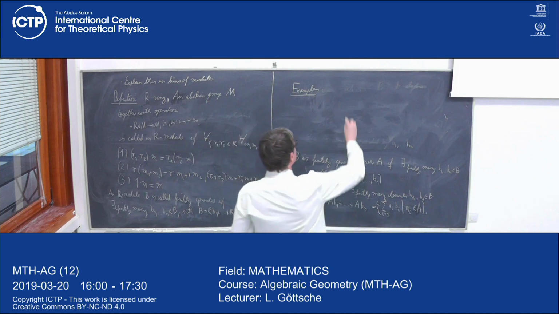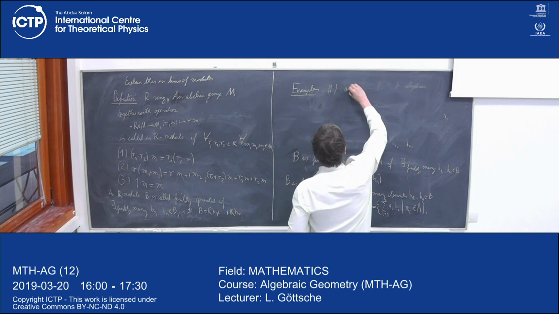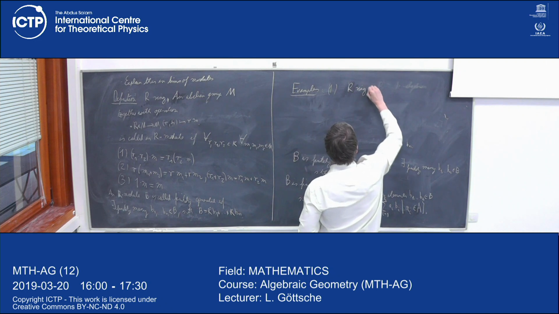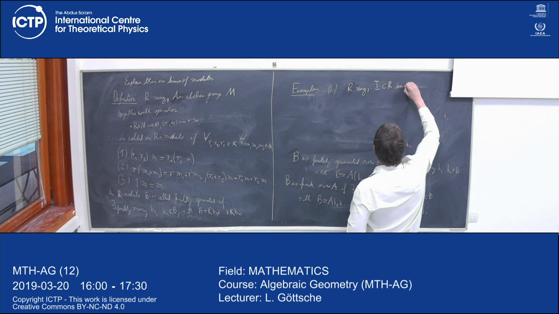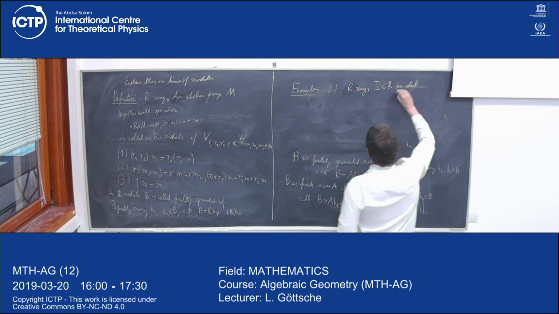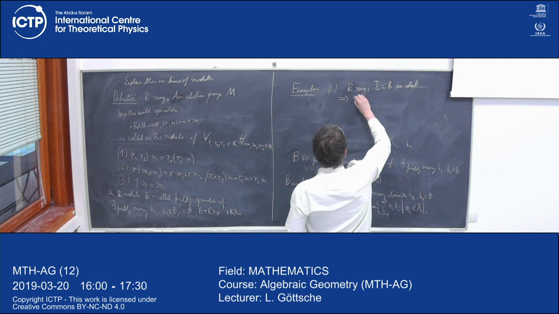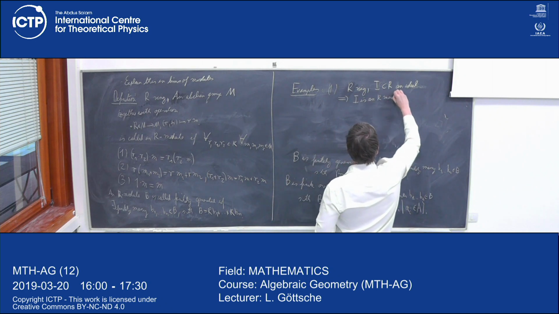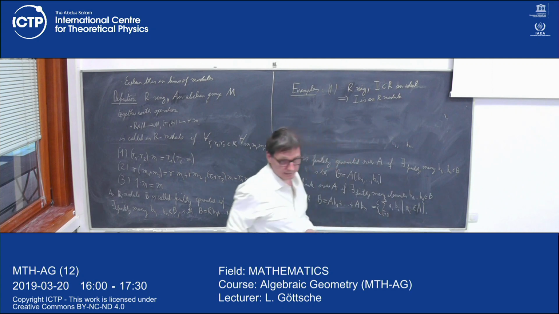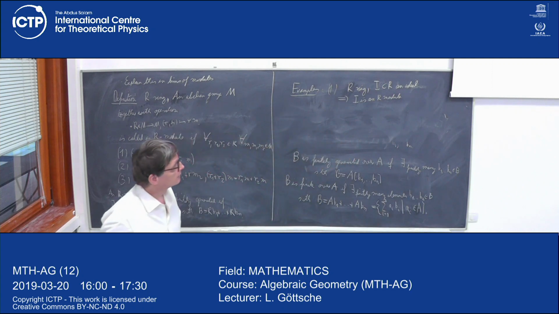So first, an ideal. If R is a ring and I in R is an ideal, then it follows that I is an R module, just via the normal multiplication in the ring.